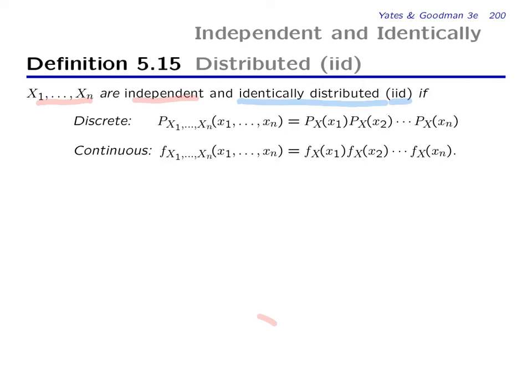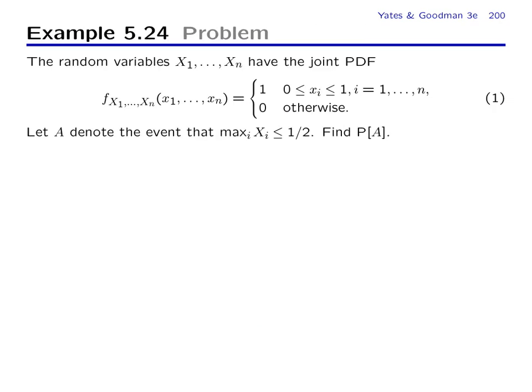In this case, it's the same as the definition for independence, but the only thing that's really different is that x1 has PMF PX, x2 has PMF PX, and all of the xn's have the same PMF. And in the continuous case, the joint PDF factors into the product of the marginals, and all of these marginal PDFs are identical. That's the idea of identically distributed.